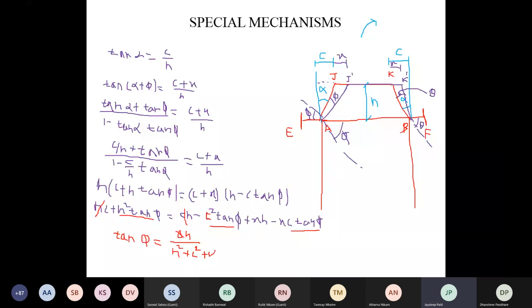Or you have to write down here cot phi. Sorry, cot phi is equal to, you will get here h square plus c square plus xc upon xh.